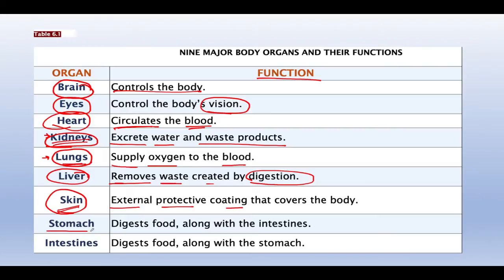Then we have the stomach. The stomach digests food and works along with the intestines to create the digestive system. We have not talked about systems yet, and we'll talk about that next.